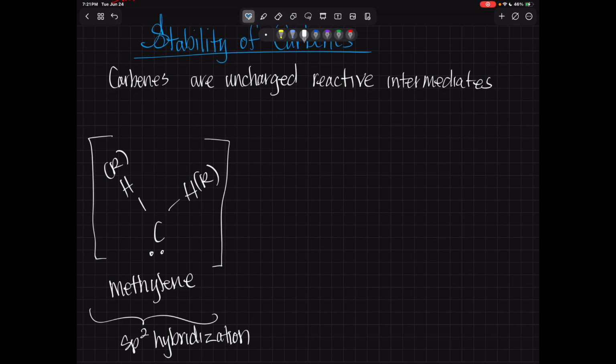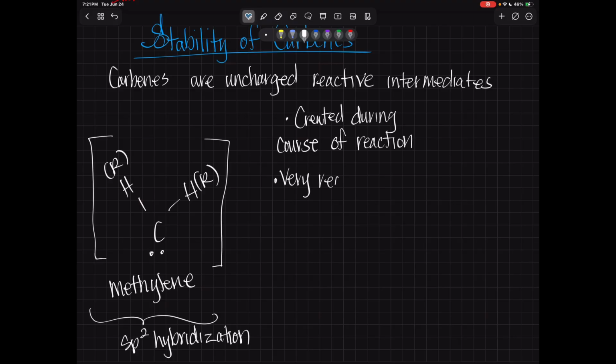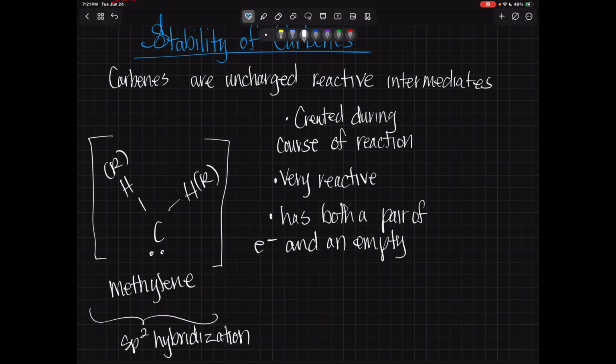This is highly reactive, and it's created during the course of the reaction, also known as in situ. Like I said before, it's very reactive. It has both a pair of electrons and an empty p orbital.